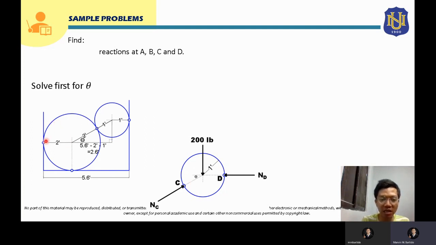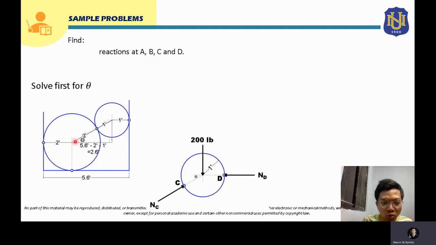The radius of the big cylinder is 2 feet, and the radius of the small cylinder is 1 foot. So this theta can be obtained from this triangle form. This side of the triangle will just be the radius of the large cylinder plus the radius of the small cylinder, and this is 2 and 1, so this will be 3, right?